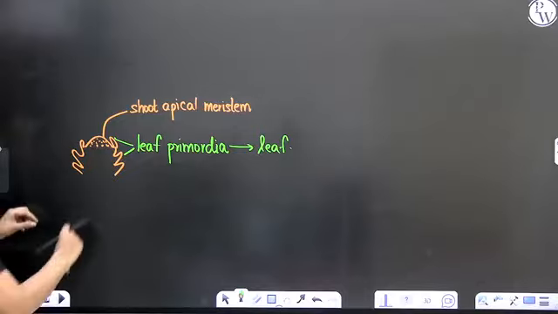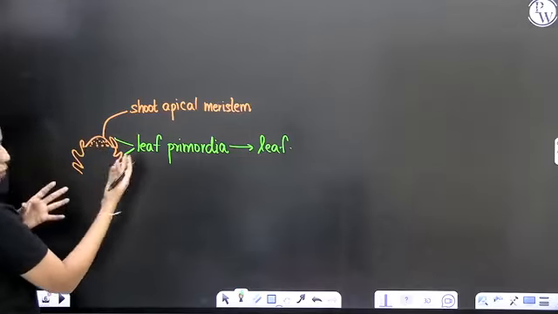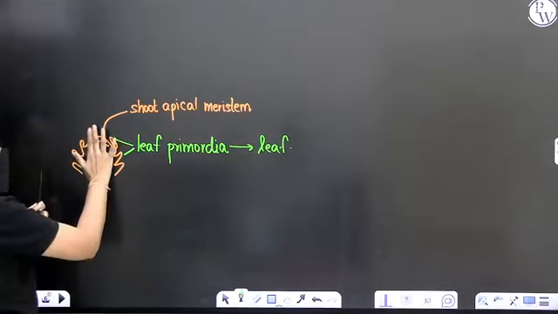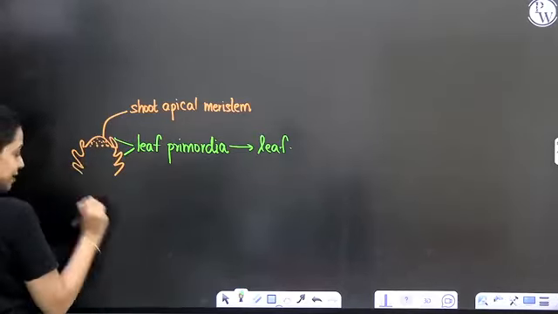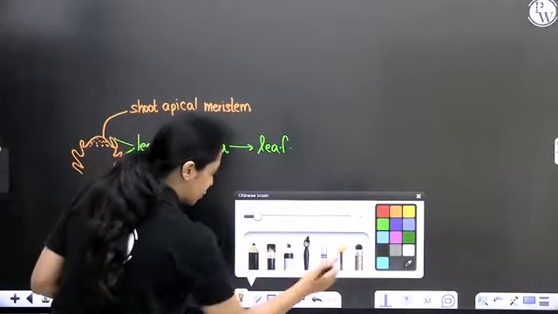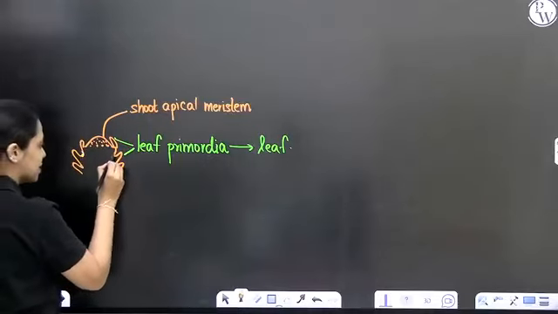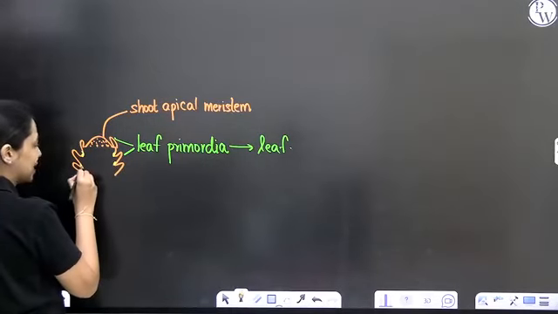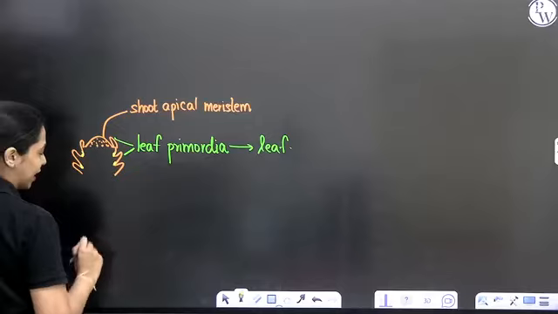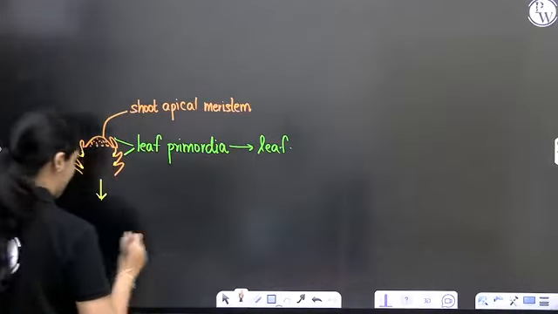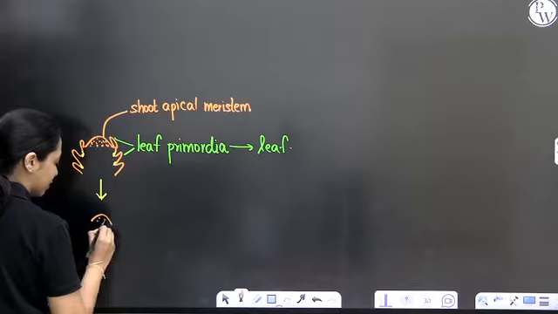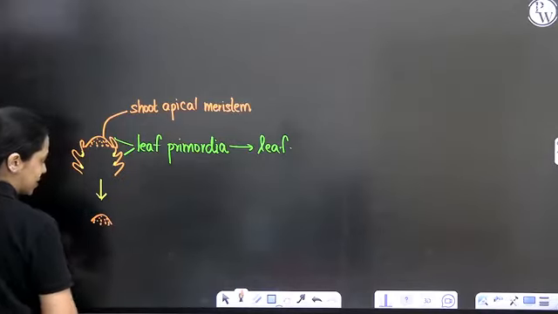Okay. So, as this plant grows, as the stem grows, the stem becomes elongated, longer and longer. The distance that you have here between two leaf primordia will start increasing. The internodal length will start increasing. Alright, so what happens then is, you have your leaf primordia, you have your shoot apical meristem here.